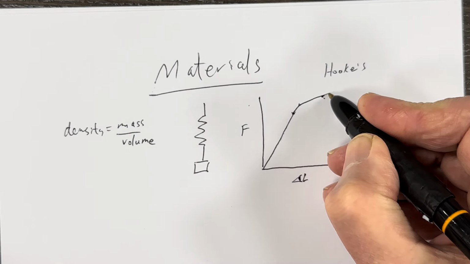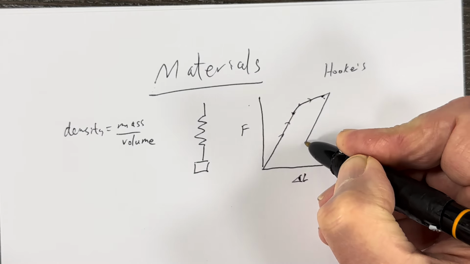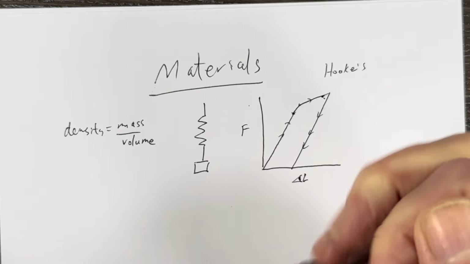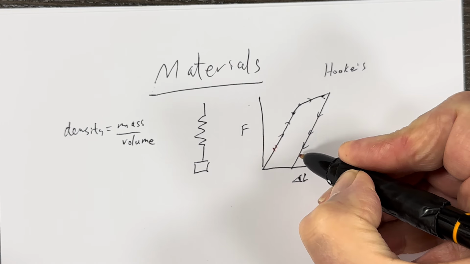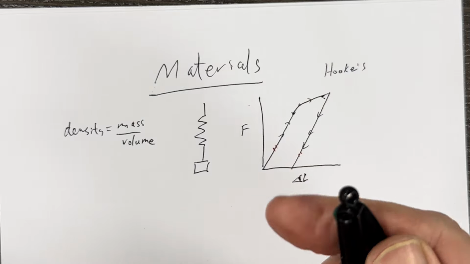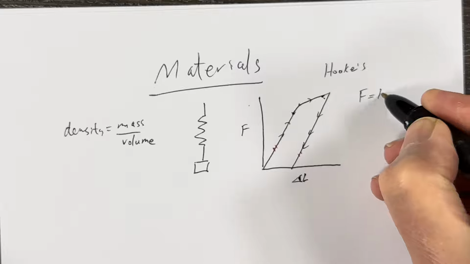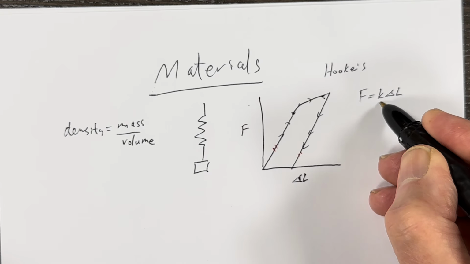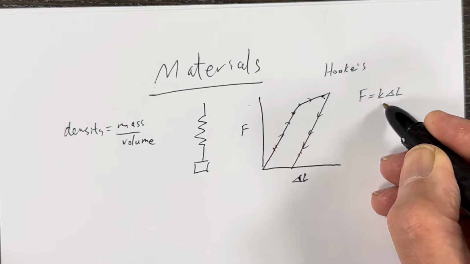If at some point we start removing the load, then the line will come back. It should come back parallel, so it's got the same stiffness. So the stiffness of the spring: the force is the spring constant times delta L. That can be called the spring constant or the stiffness, in newtons per meter.